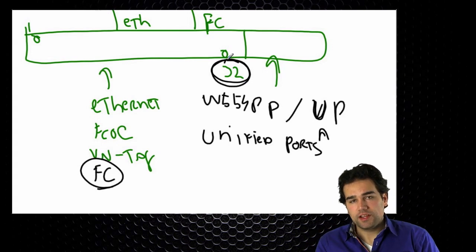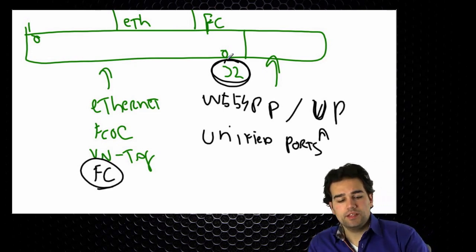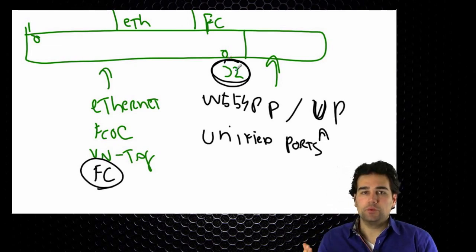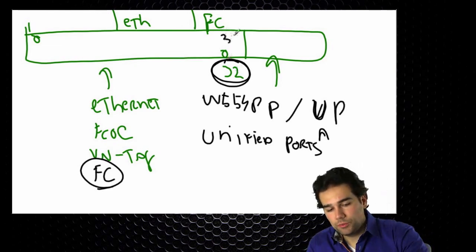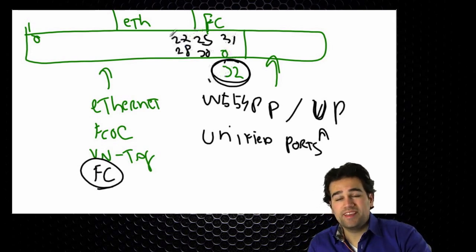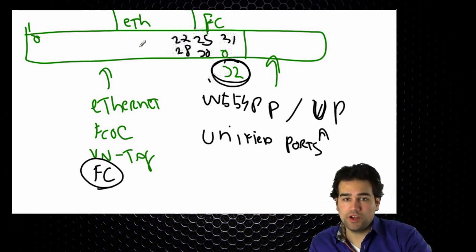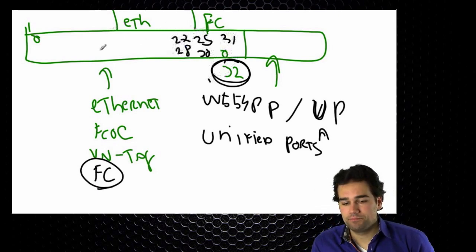Now all the ports that I enable for Fiber Channel need to be connected to each other, meaning they need to be consecutive numbers. So I cannot take port 21 and 32 and make them Fiber Channel. No, I need to take port 31, port 30, port 29, port 28, port 27. So every time I increase the amount of Fiber Channel ports, I need to work my way back from the right until the left of the chassis.